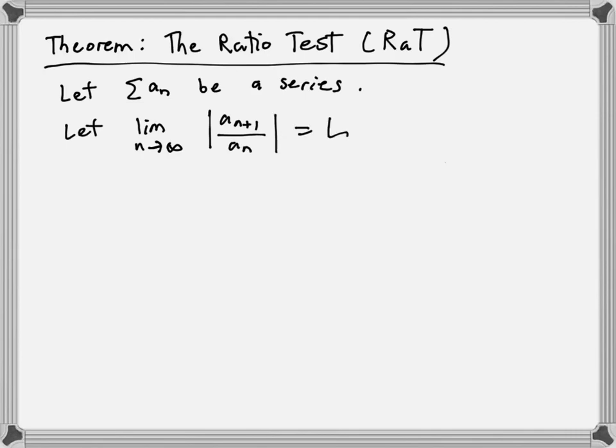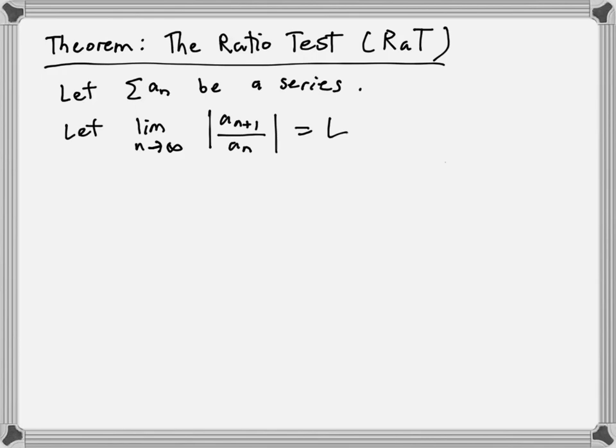equals L. Now, before I move on, I want to explain what this condition is right here. What we're doing is we're actually dividing a term in a series by the term before it. We are combining and we're seeing what we get as a limit.